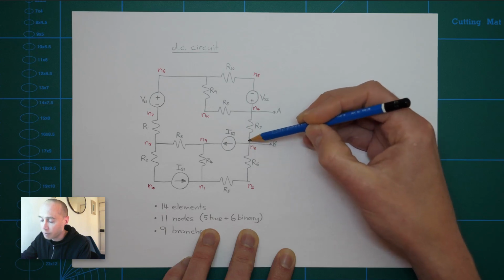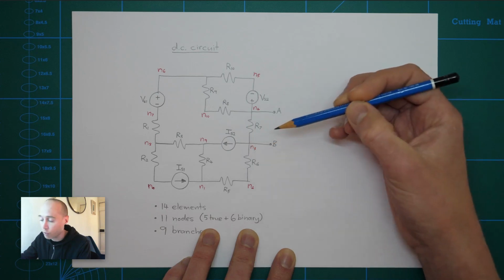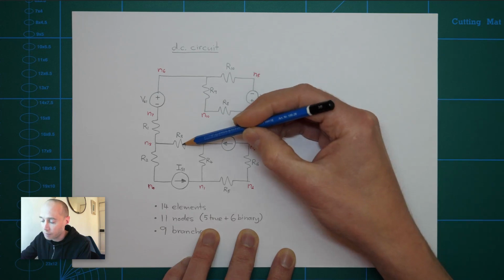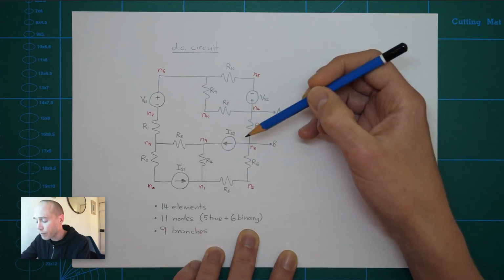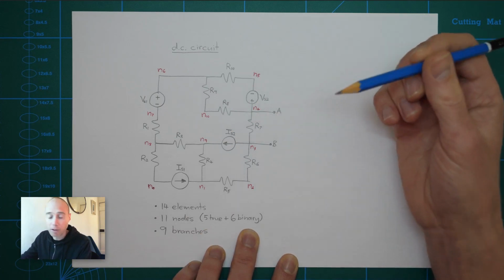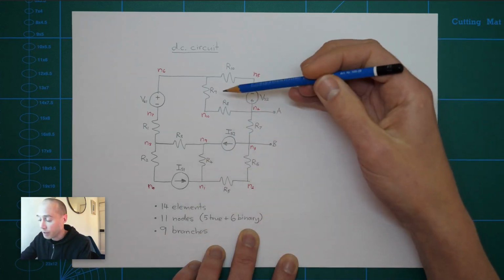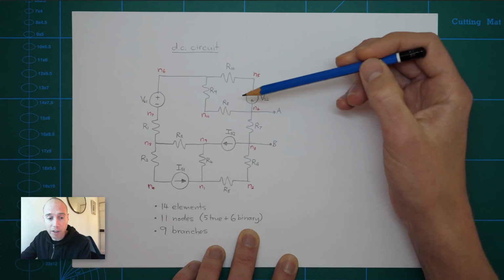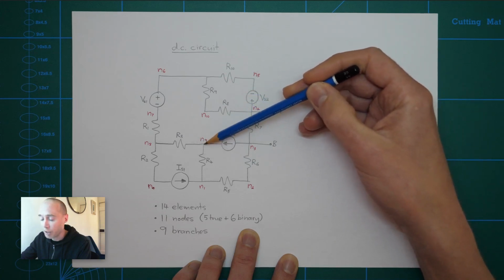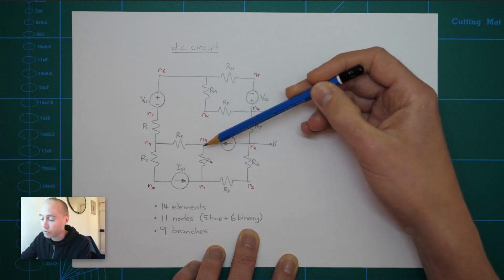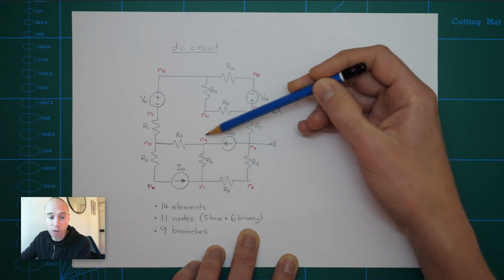That's 3 elements meeting at N3, so that makes it a true node. Similarly, at N9, there are 3 elements meeting here, so N9 is a true node. Now the reason nodes are important here, and the reason that I'm reminding you of them, is that a lot of what we're interested in a circuit like this is the node voltages. So it's the voltage at a particular node relative to some reference, or the voltage between 2 nodes in the circuit.